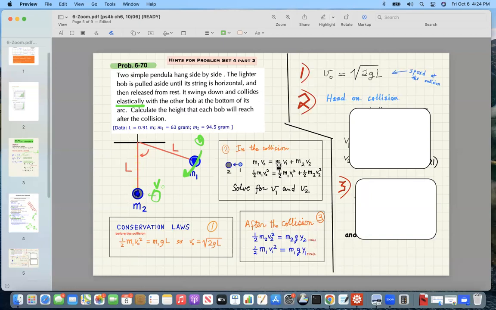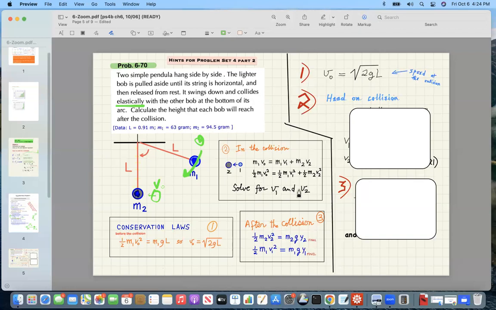m1 v0 is m1 v1 plus m2 v2. Momentum is conserved. 1/2 m1 v0 squared is 1/2 m1 v1 squared plus 1/2 m2 v2 squared. That's elastic. So momentum is conserved, energy is conserved, kinetic energy is conserved. So now you have an algebra problem. You have two equations with two unknowns.